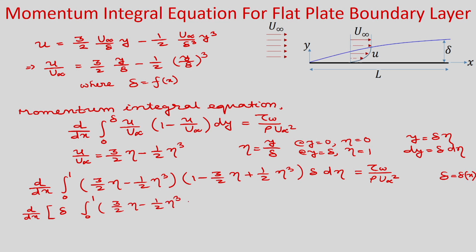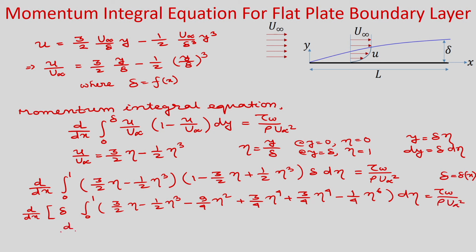This if you use, it will be minus 9 by 4 eta square, and this will be plus 3 by 4 eta to the power 4, and with this if you multiply, it will be plus 3 by 4 eta to the power 4, and this will be minus 1 by 4 eta to the power 6. Okay. So, d eta is equal to tau w by rho u infinity square.